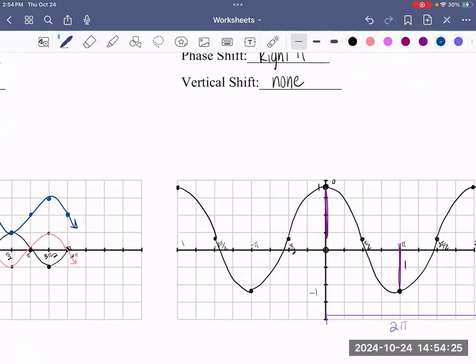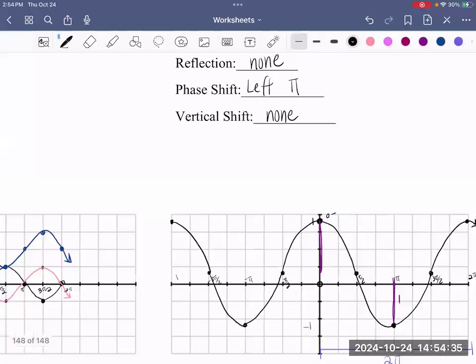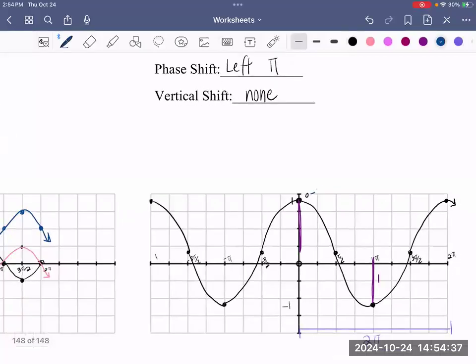So we're going to add, or sorry, this time we're going to subtract pi, and actually it's not to the right, it's to the left, to the left by pi, and that's why we're going to subtract. So we'll subtract pi from each of these, and then we'll come up with new values. And if we want, we can do it to the other side too.